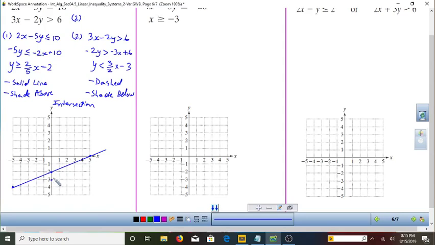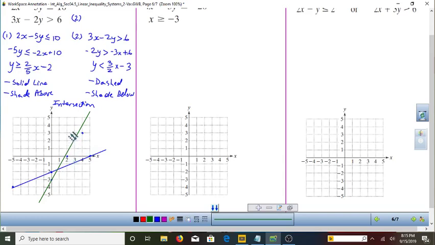Then we have the next line here, starting at negative 3. We go up 3 to the right 2. And I can just keep doing that, up 3 to the right 2. And then I'll just draw that one with a green line. Not quite right.